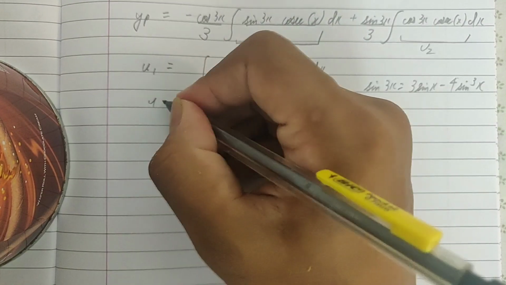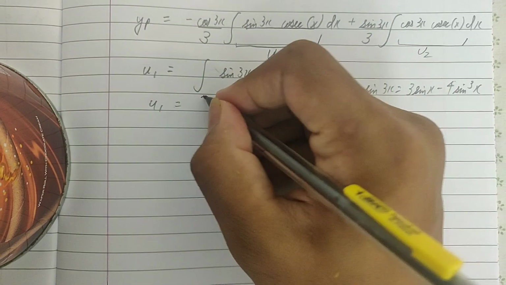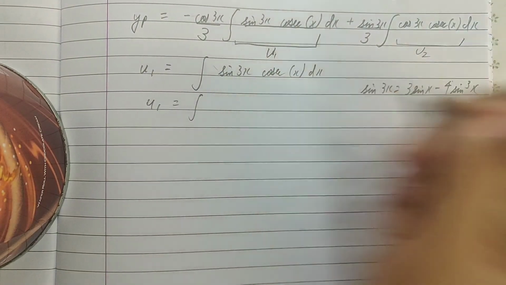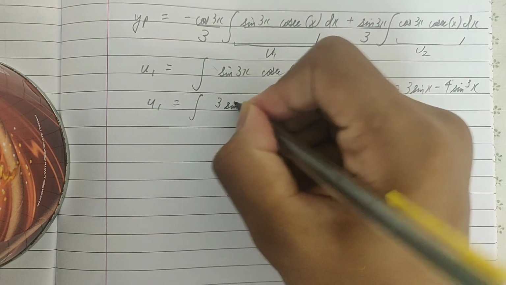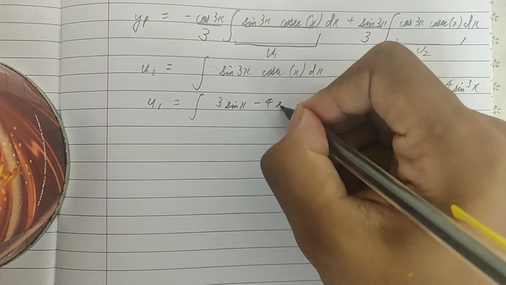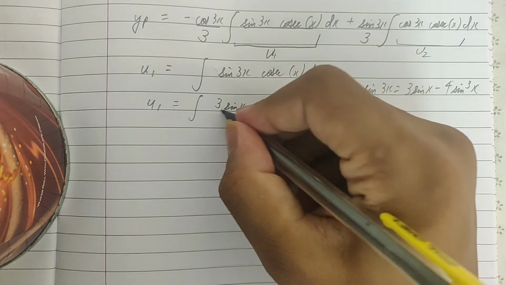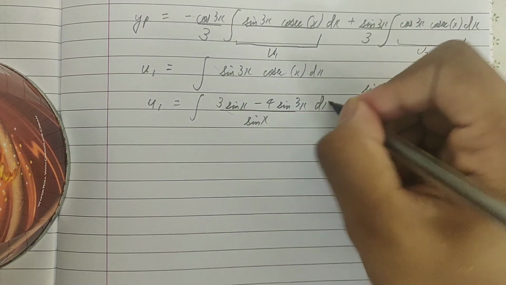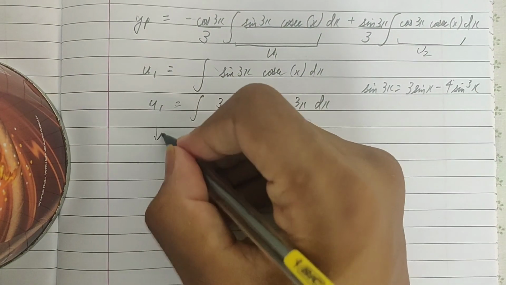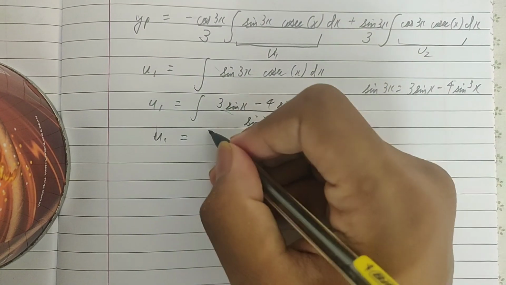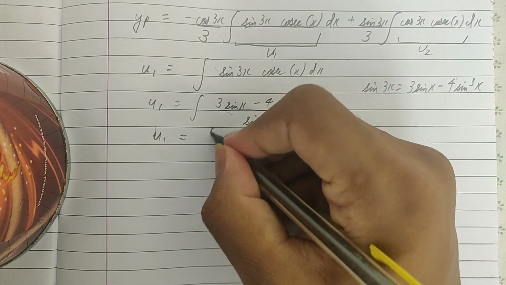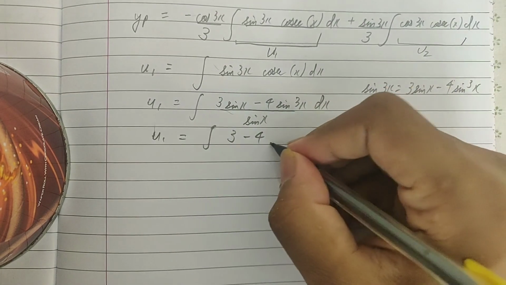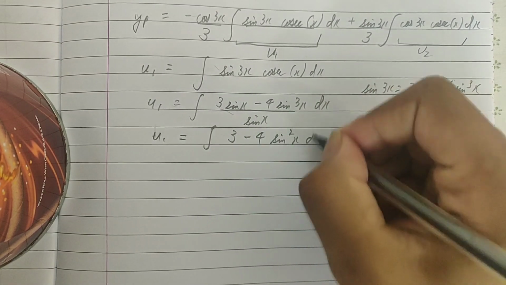Alright, so u1 is equal to the integration of 3 sine x minus 4 sine cube x, and we're going to write cosec x as 1 upon sine x, dx. So sine x gets cancelled on top and below, so we're left with the integration of 3 minus 4 sine square x dx.